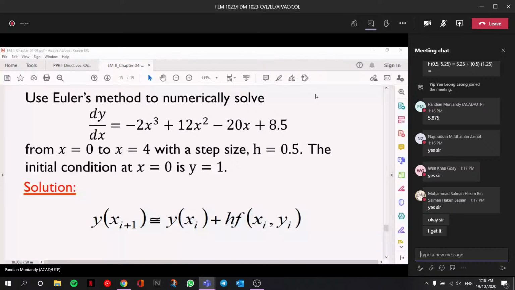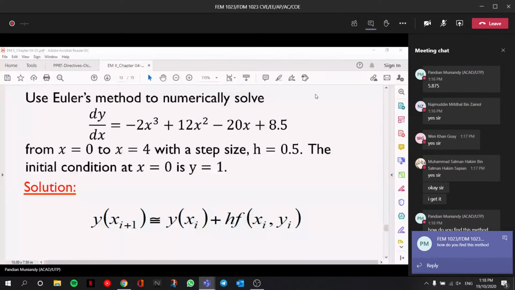How do you find this method? So, anybody want to comment on this?